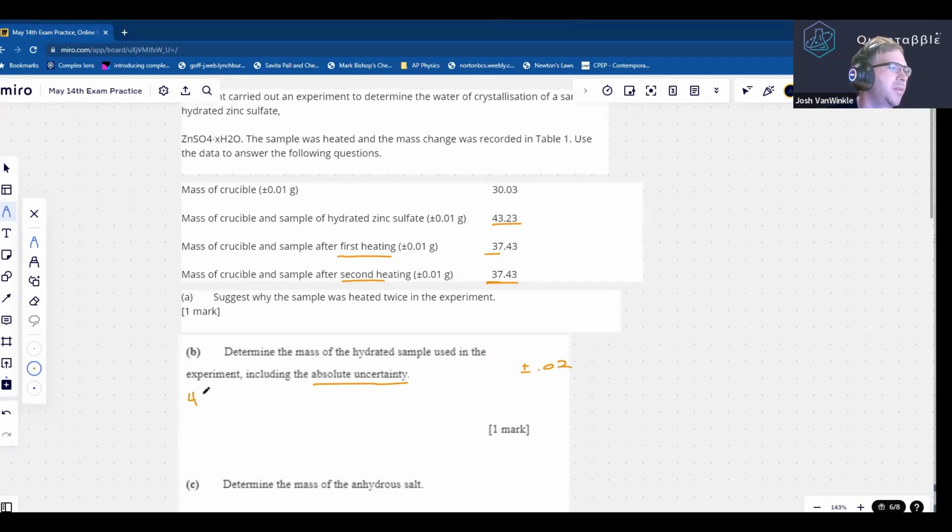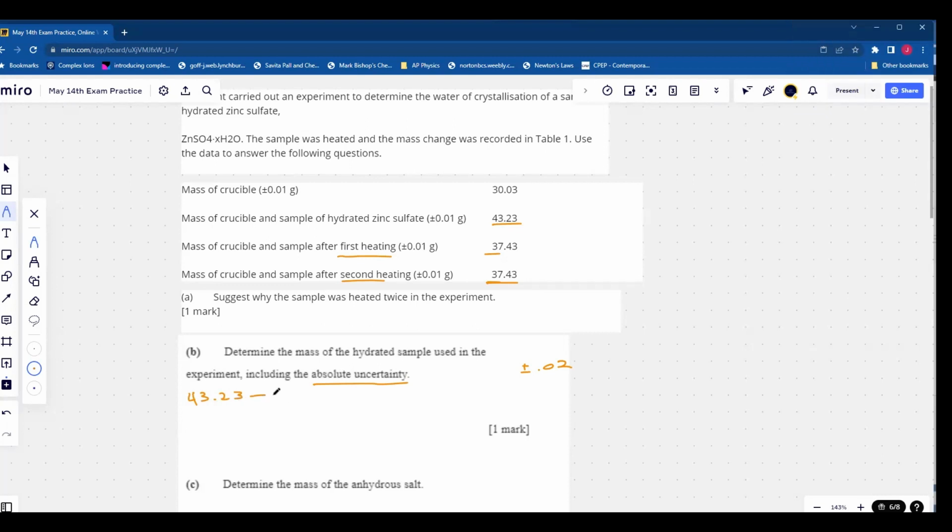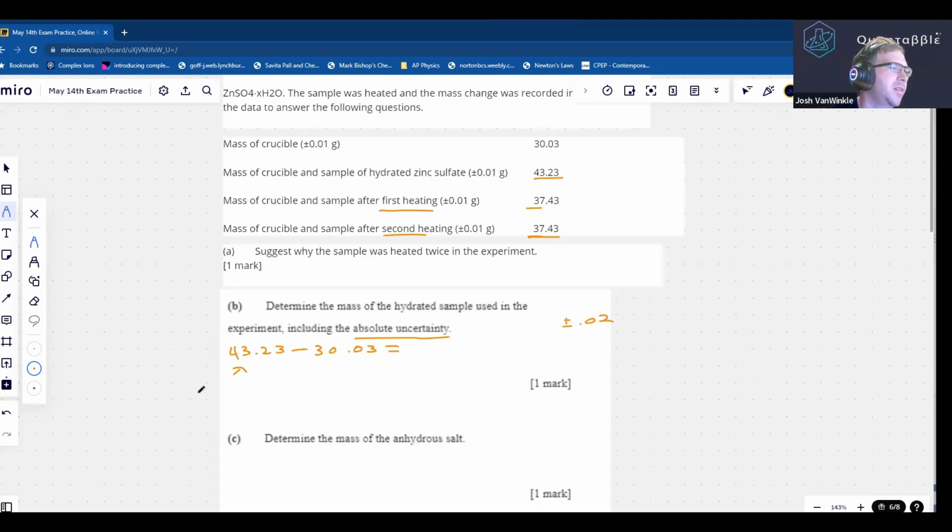Hydrate. So this was the total. This was the crucible. And then so this is, I don't want to go too fast on this. So this is everything, ZnSO4 times whatever water. We don't know how much water. And this is actually plus the crucible. This one's just the crucible.